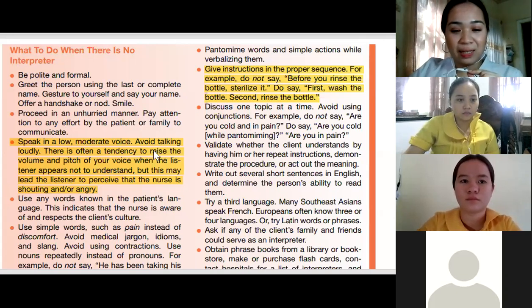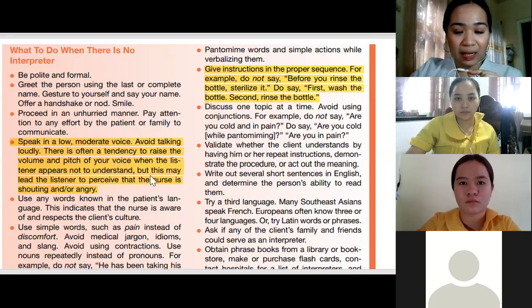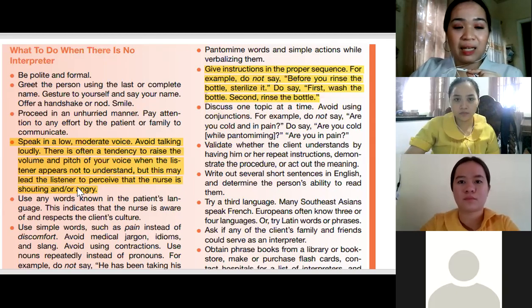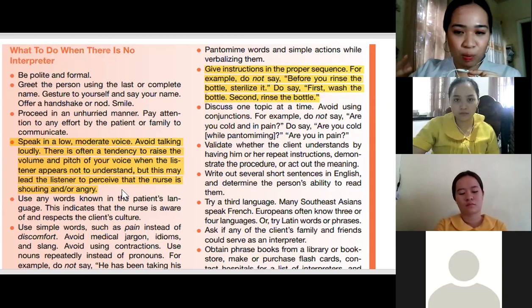There is often a tendency to raise the volume and pitch of your voice when the listener appears not to understand, but this may lead the listener to perceive that the nurse is shouting or angry. It doesn't mean na tinaas mo yung boses mo ay maiintindihan ka na.